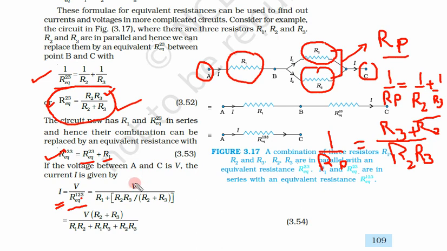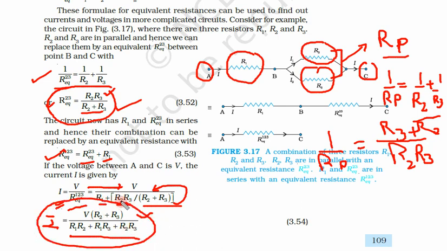V is the potential drop, and R equivalent is R1 plus R2 R3 upon R2 plus R3. So I is simply V times R2 plus R3 upon, when we take this common, R1 R2 plus R1 R3 plus R2 R3. So this is the current flowing in this circuit.